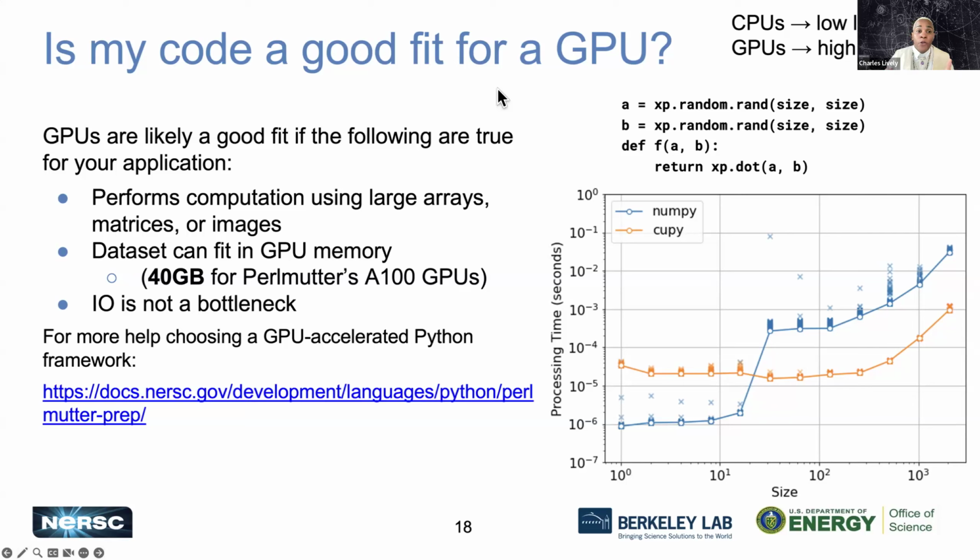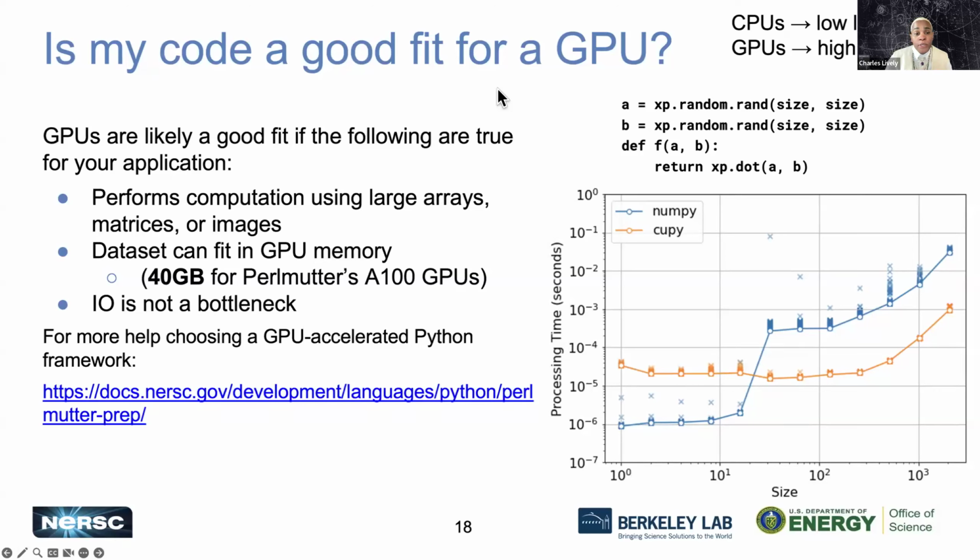And so if you're using an application that is not already ported for a GPU, but it makes use of a large number of arrays, matrices, or images, and the data set is able to fit well within the memory of the 40 gigabytes on the Perlmutter A100 GPUs, and there's not a lot of data movement needed to present a bottleneck, then it probably would be a good fit to try and toy around with porting it, modifying it, or creating a GPU-enabled version of it.